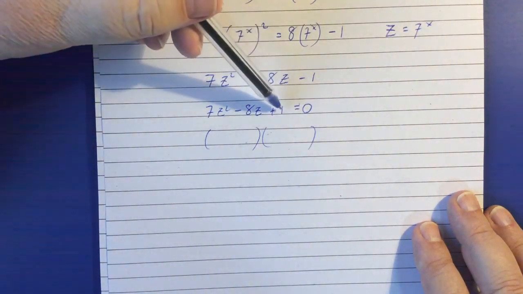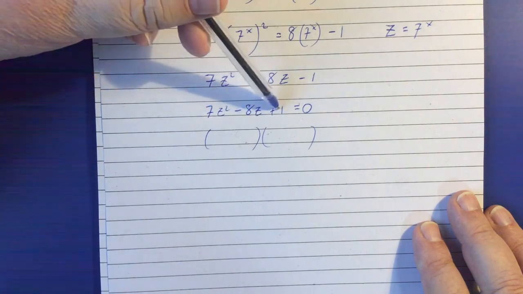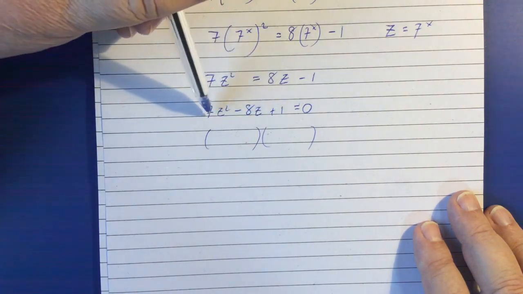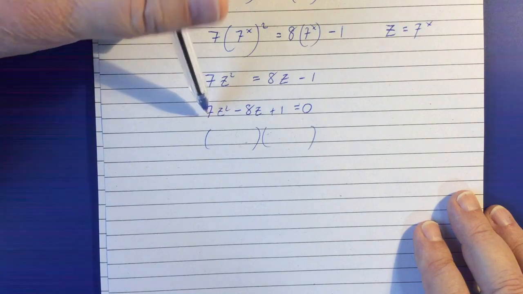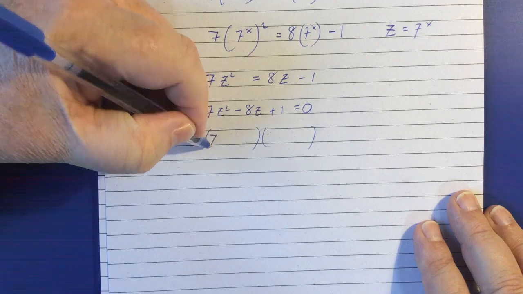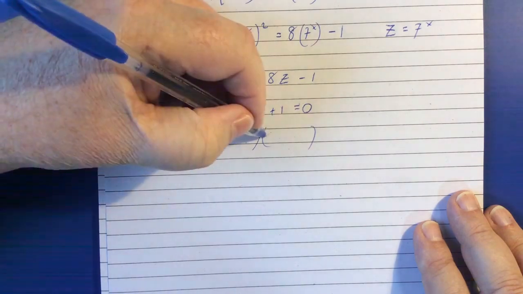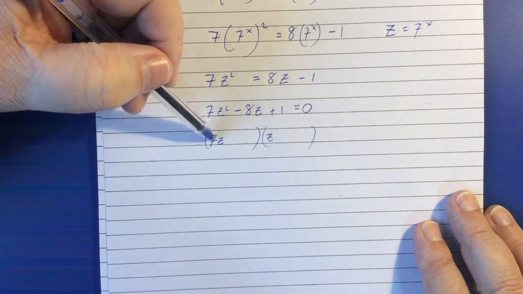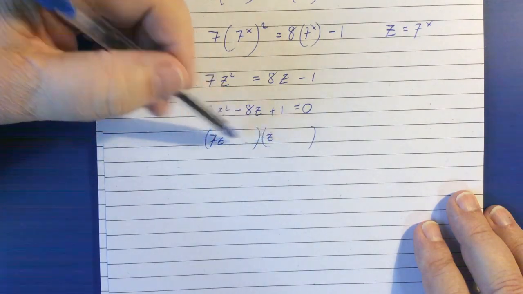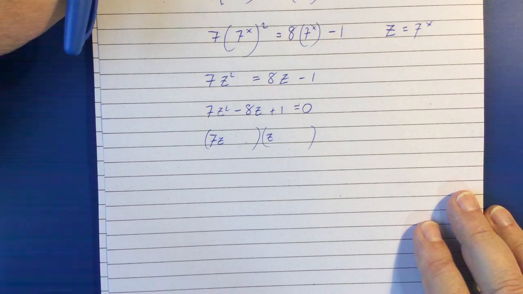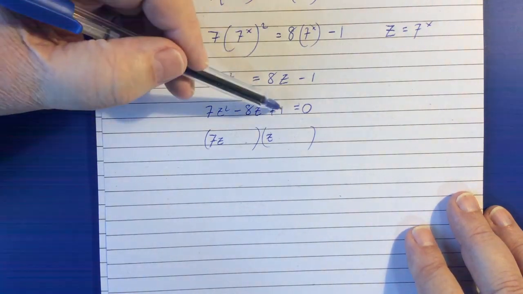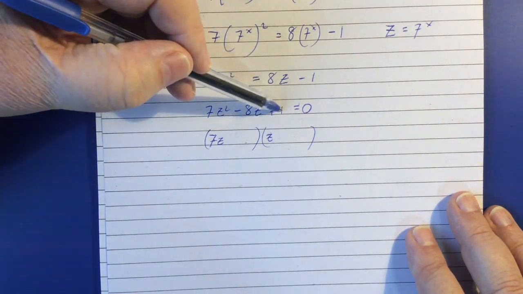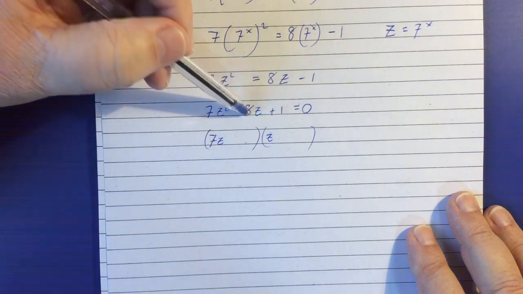So the great thing about this is that 7 and 1 are prime numbers. So we can be pretty much assured that we can place 7z and z in each of these brackets on their own. Now, how do we get positive 1 and negative 8 out of that?